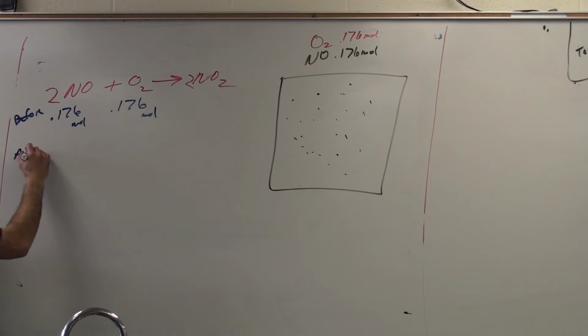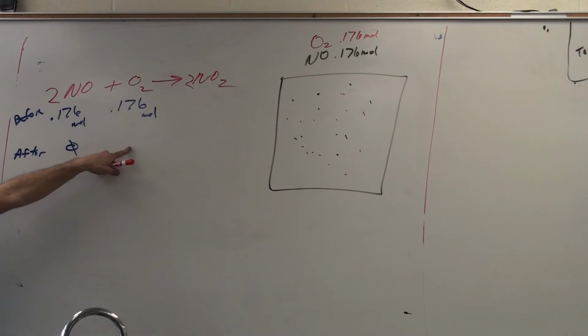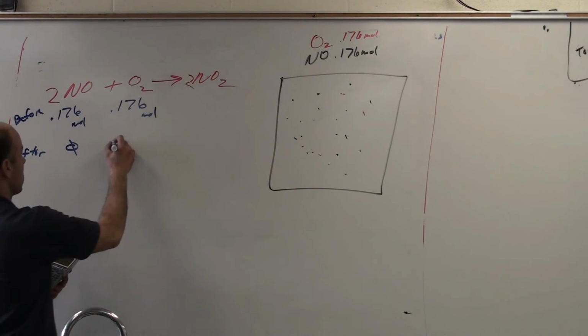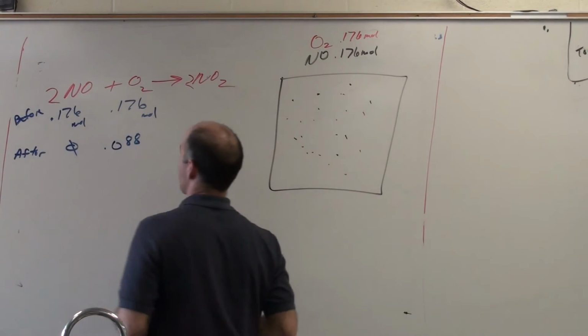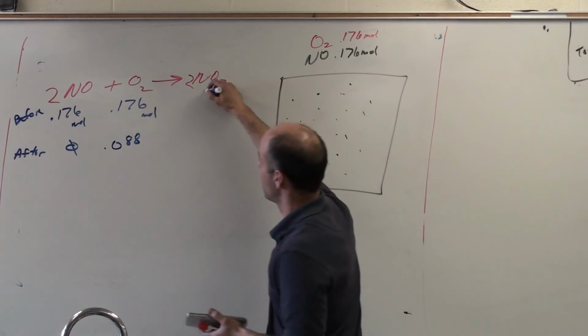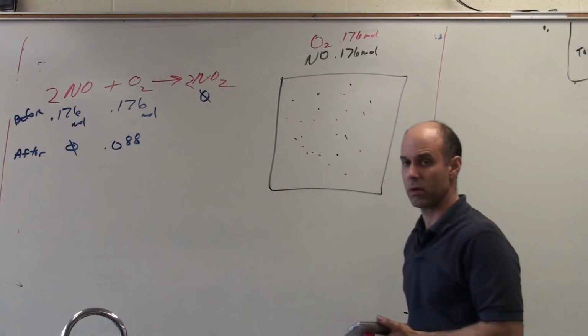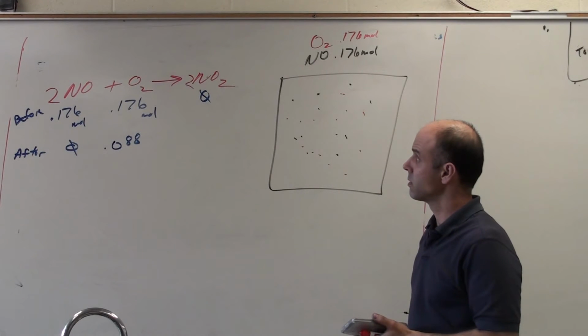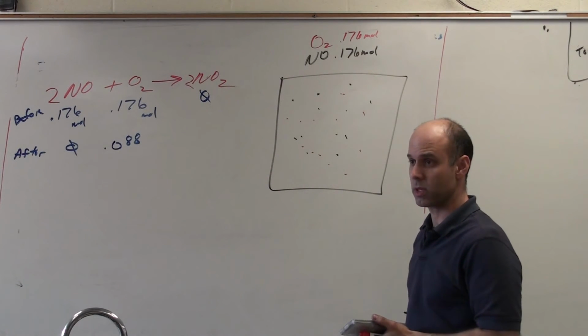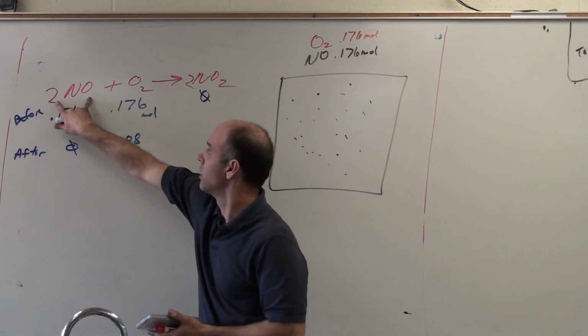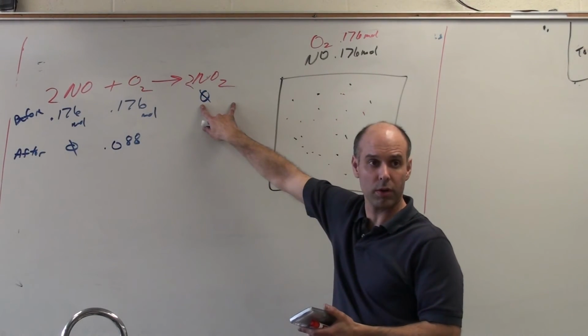So after the reaction is done, all of it is gone. How much oxygen will be left? Half as much. How much of the nitrogen dioxide will be produced? 0.176 moles, because the amount of this should be equal to the amount of that when we're all done.